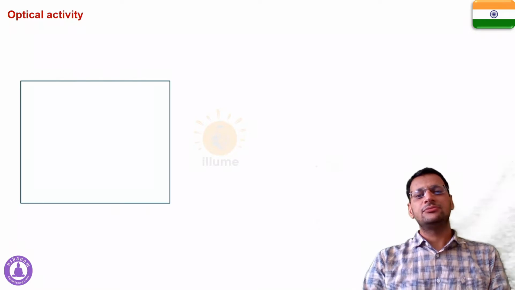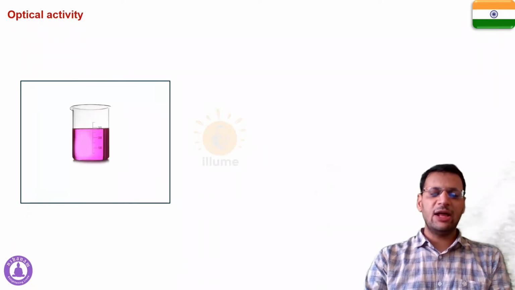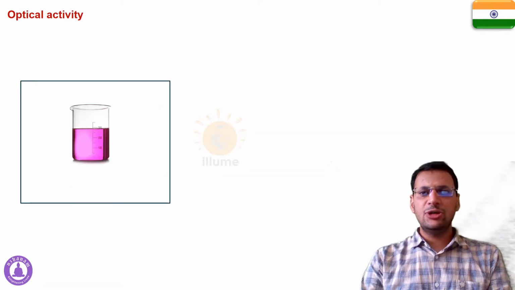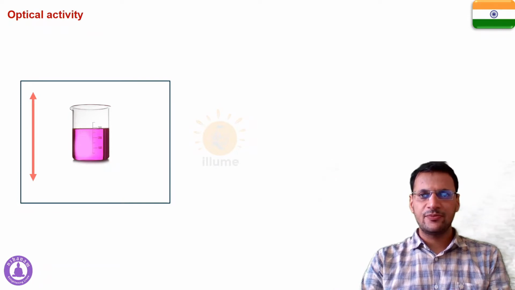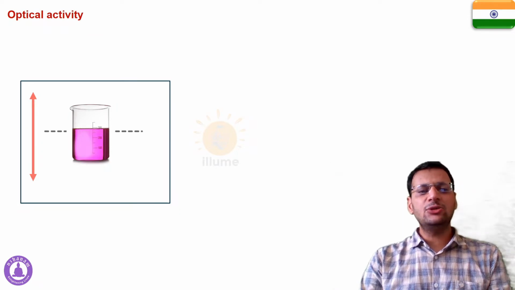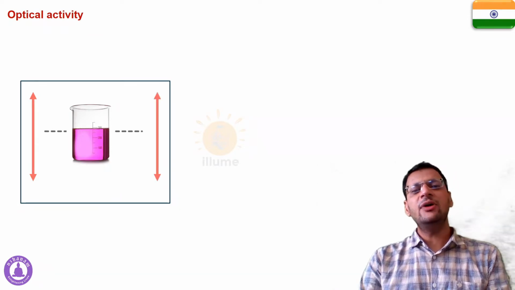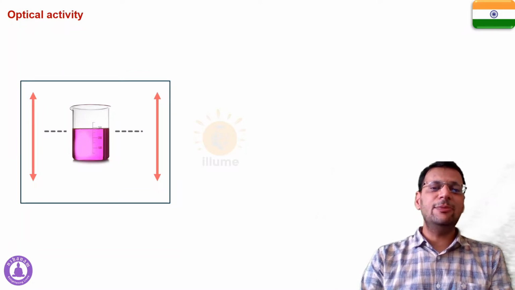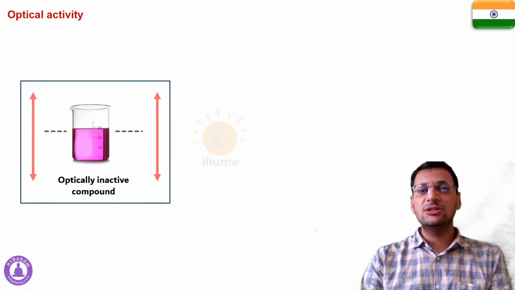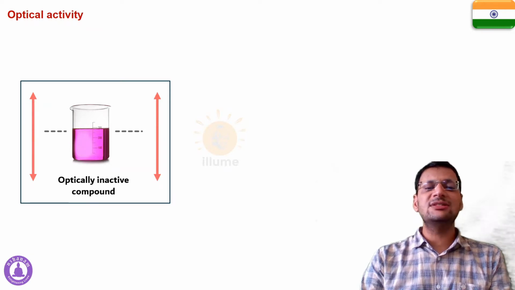Now look at this carefully. I have taken a solution of a compound in a beaker, and now I am passing plane polarized light through it. After passing through this compound, if the light does not show any variation in the plane in which it was oscillating, then this type of compound is an optically inactive compound.